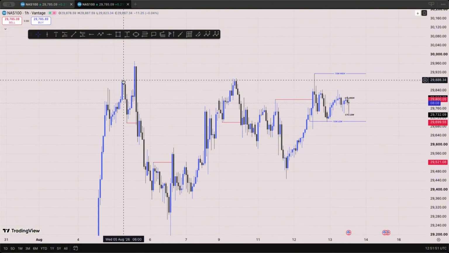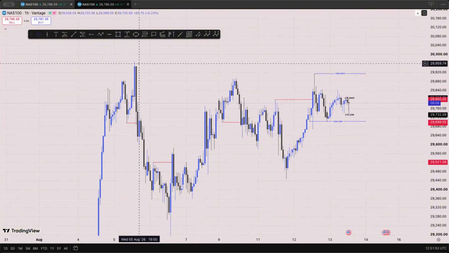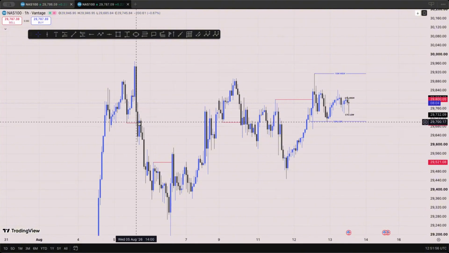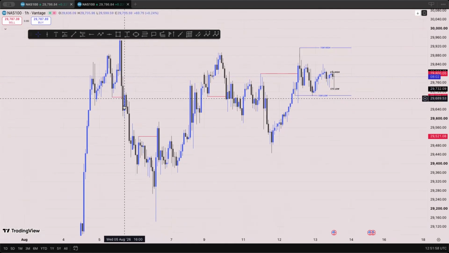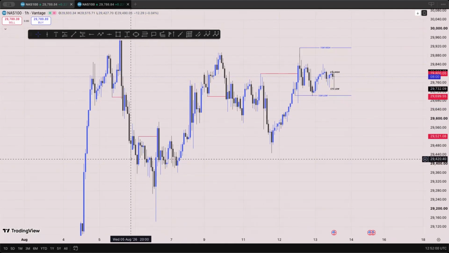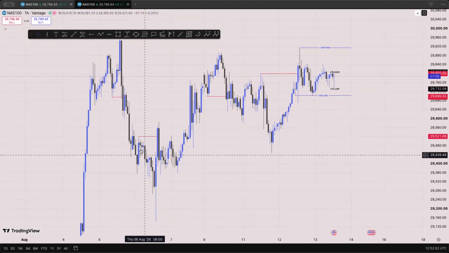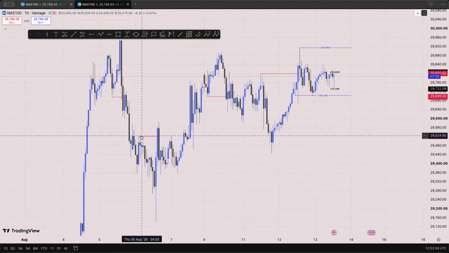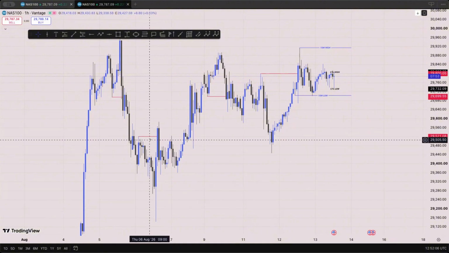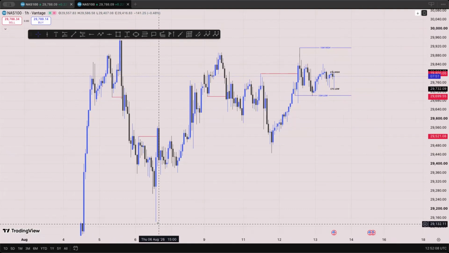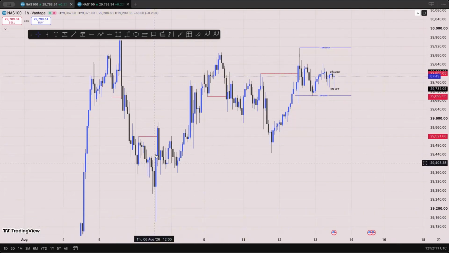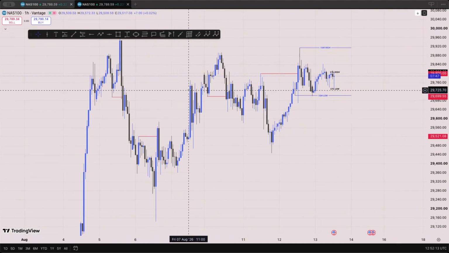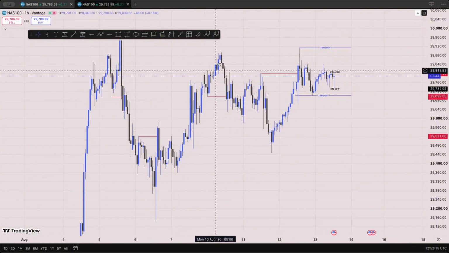When price was moving, it was creating higher highs and higher lows right here. This higher low got invalidated. Price came down, created a lower low, lower high, lower low, lower high, lower low, and this lower high also got invalidated. When this lower high got invalidated, that is when this bullish move came in. Price created a higher high, higher low, higher high, higher low, higher high, higher low, and higher high.